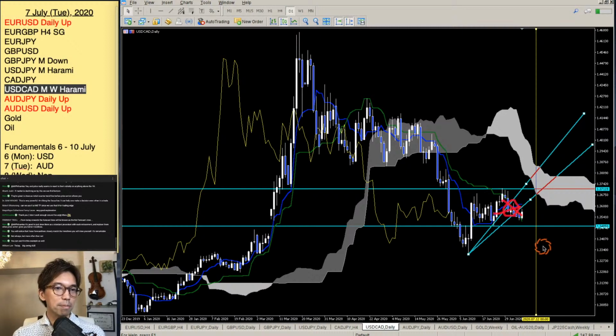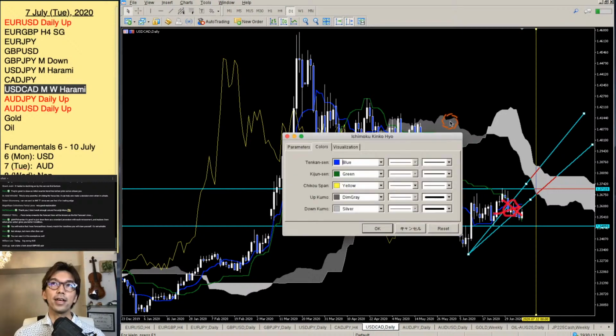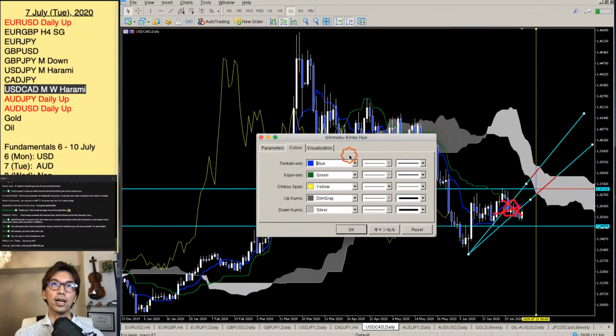Please, can you share the template of your chart? Oh, this is just Ichimoku Kinko Hyo, but the platform that I'm using is MT5. So if you're using MT4, the Kumo is not gonna look like this. This is my setting of Ichimoku Kinko Hyo.